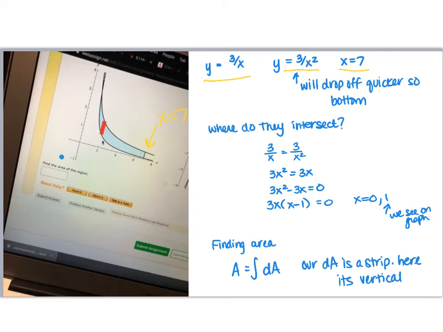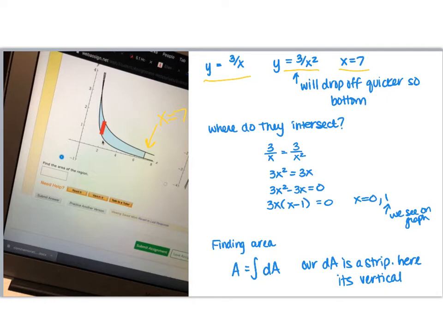In terms of which curve is on top or bottom, because you have 3 over x squared, that'll give you a bigger denominator, so it's going to drop off a lot quicker. So that one's going to be your bottom curve, and the 3 over x is going to be your top curve. And we're going to use that information in a little bit.